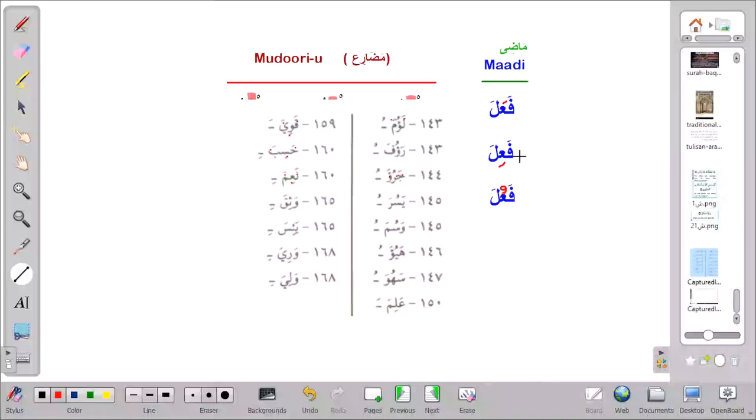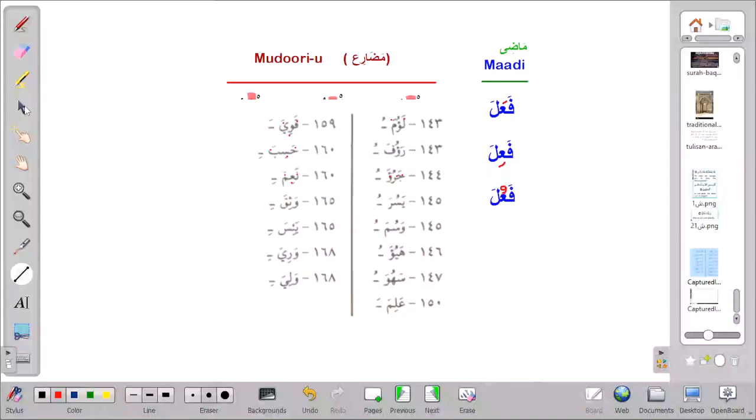Another one, hasiba, he assumed, the middle has kasra. And la'uma, he blamed. So you see the middle is having dhamma.